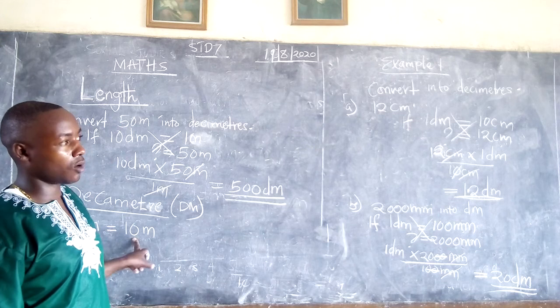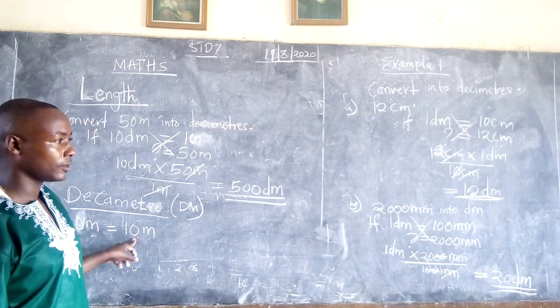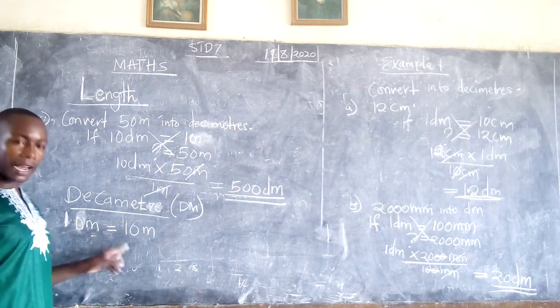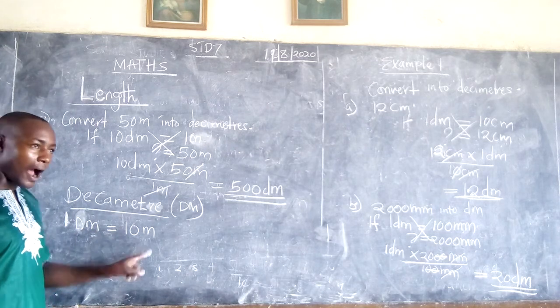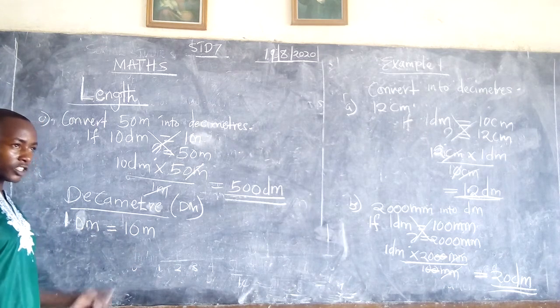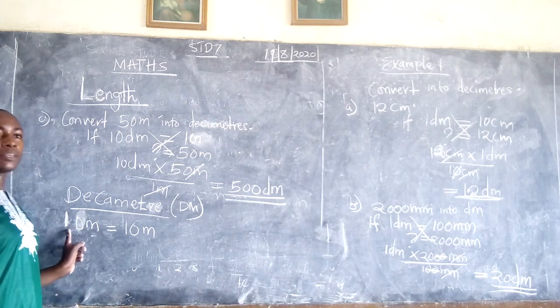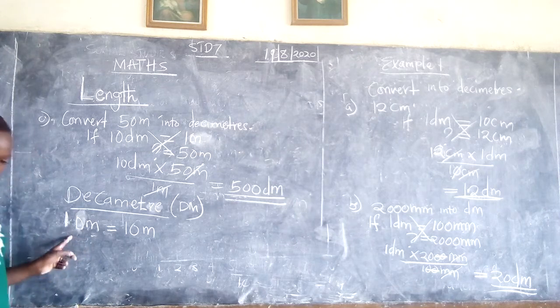You know how the blackboard ruler looks. So a decameter is bigger than a meter, because 10 meters will make 1 decameter. I hope we are together.